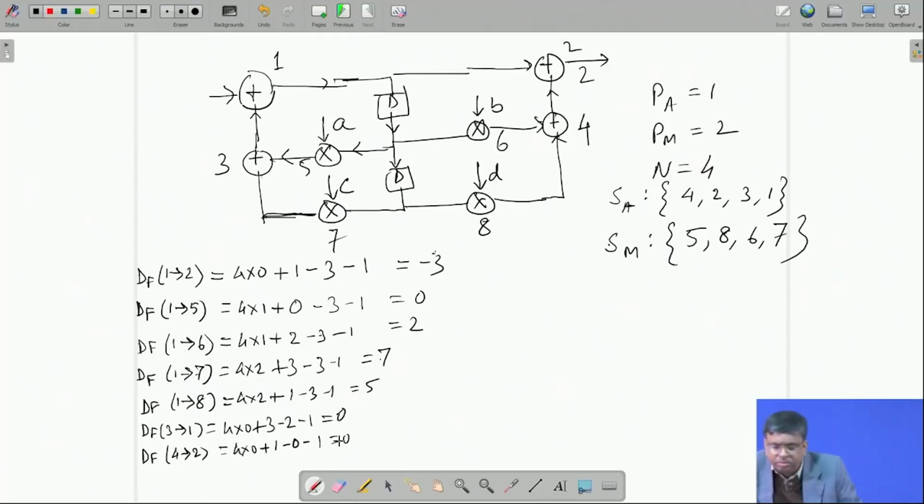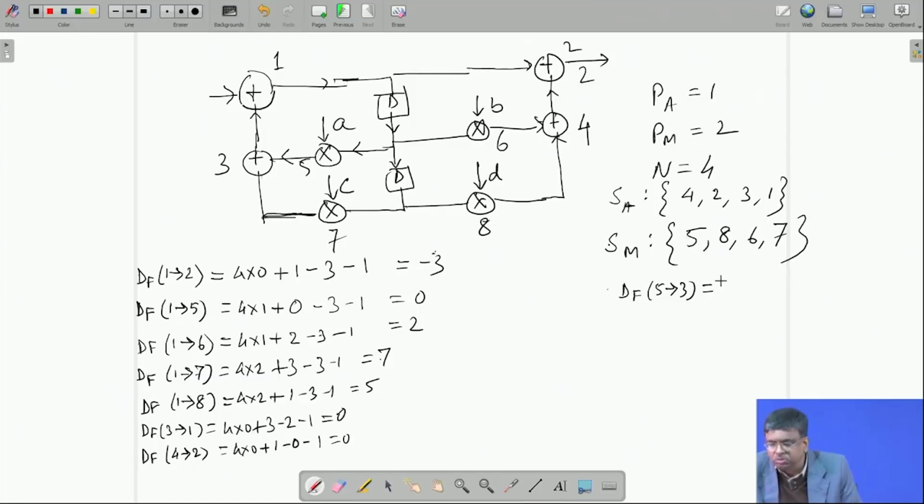Then comes the other one, multipliers, 5 to 3. I am directly working out 5 to 3, no delay. So, 4 into 0 plus 3, the destination, has a schedule 2, minus 5, the source, schedule 0. So, 2 minus 0, 2, minus the number of pipeline latches for the multiplier, which is 2, PM is 2.